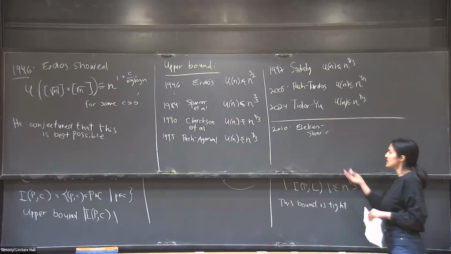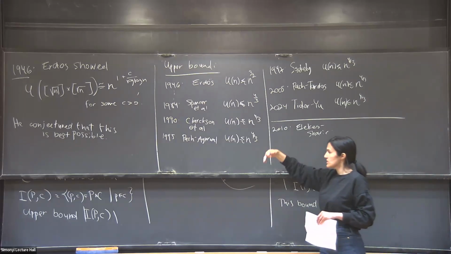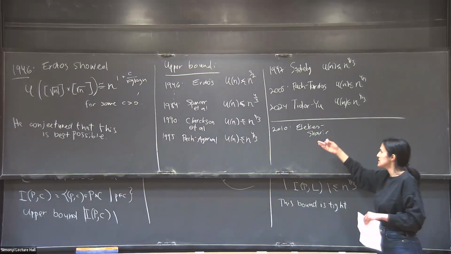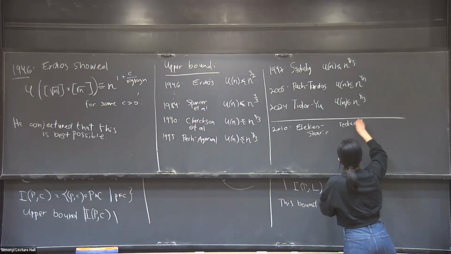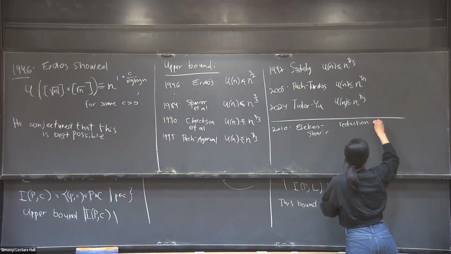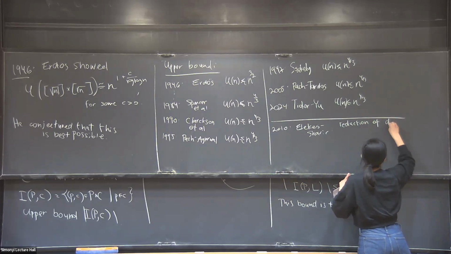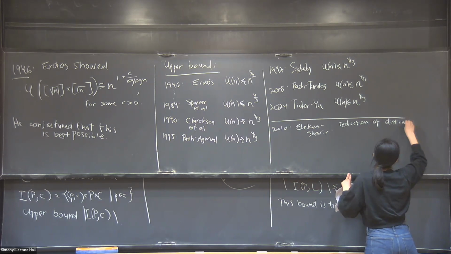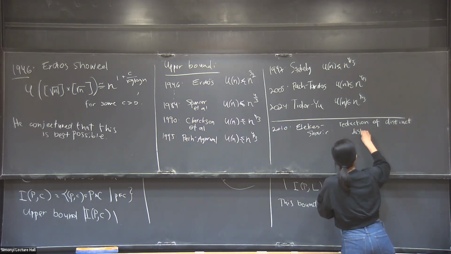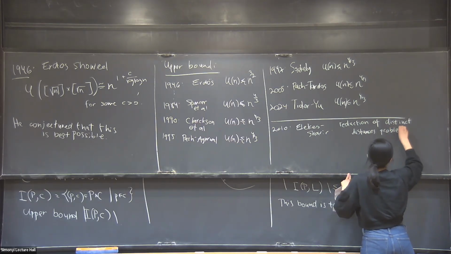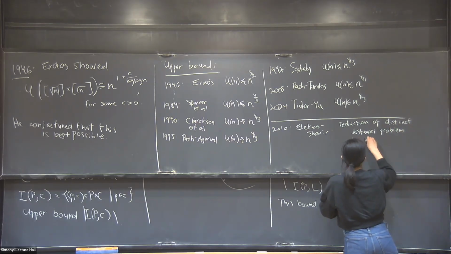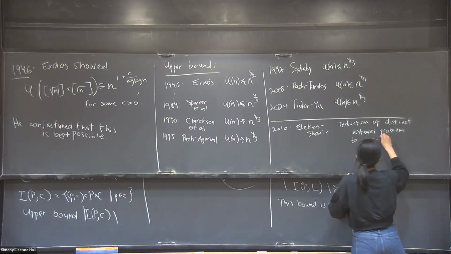I'm not going to tell you what it is, but it was also considered very hard, and people worked on it, and they gave a reduction of the distinct distances problem to a line incidence problem in R3.